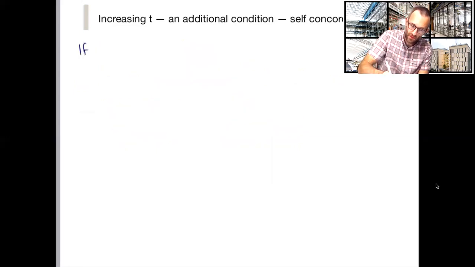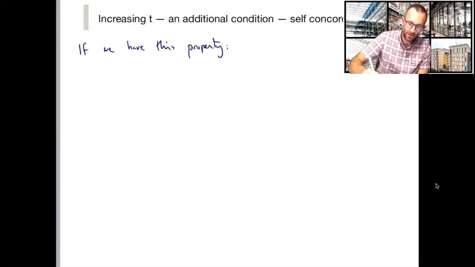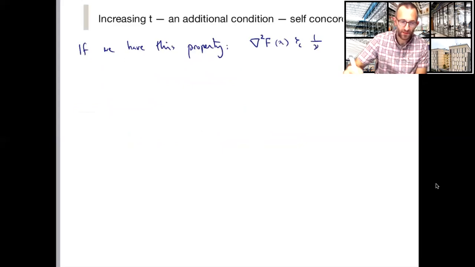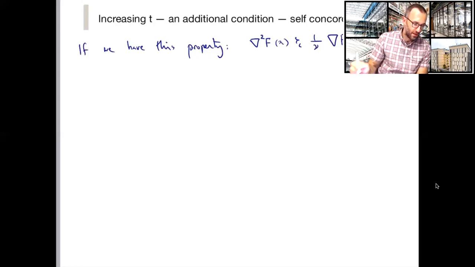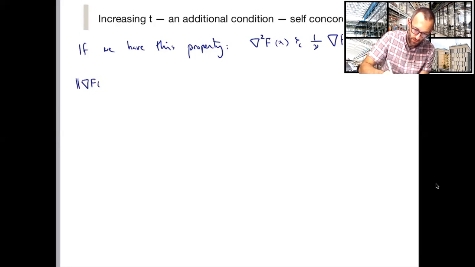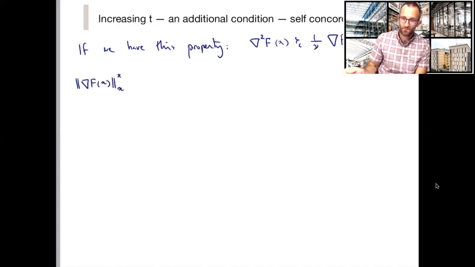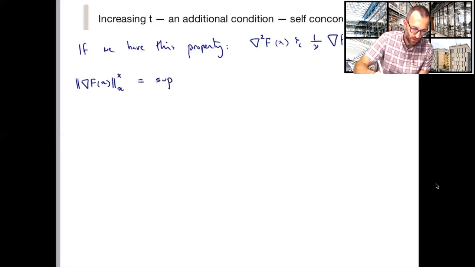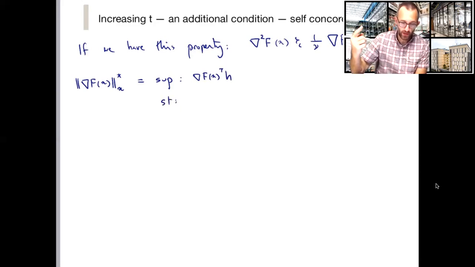So if we have this property, I'll just write it out again, that this dominates in the semi-definite ordering the outer product of the gradient, then this calculation, we said that this is equal to the supremum of gradient of f of x transpose h subject to the dual norm of h squared less than 1.